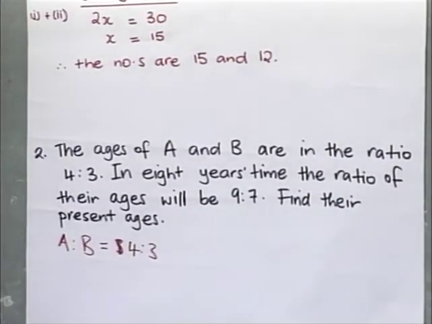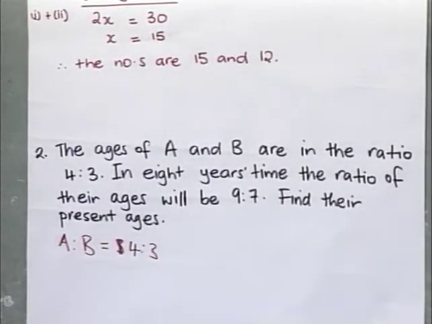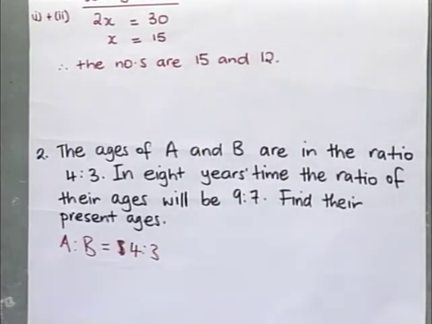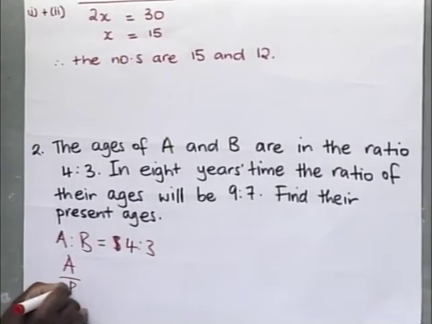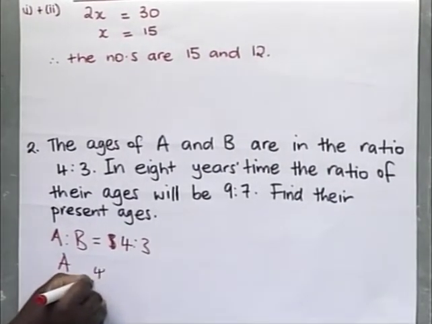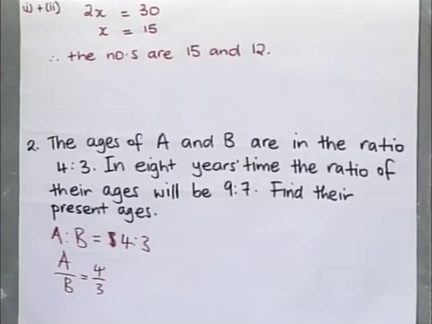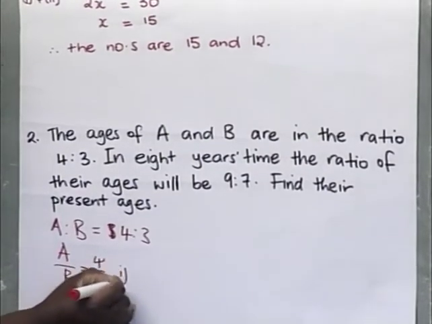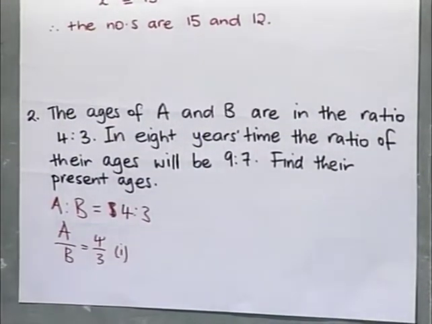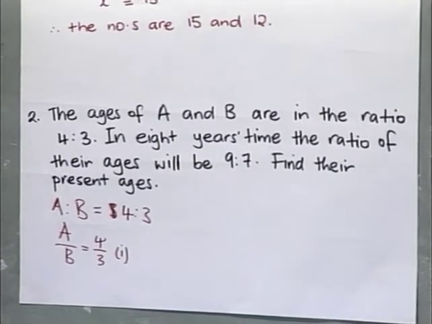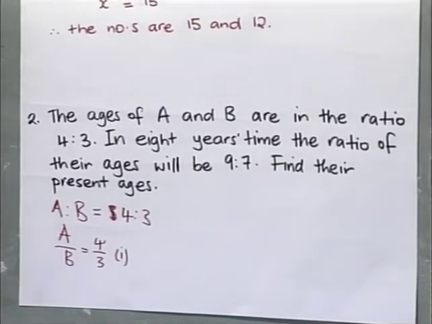4:3. Now we can also write ratios as fractions. So we can also say that A over B is equal to 4/3. Okay, that's equation number 1. Now, we are then told that in 8 years' time, the ratio of their ages will be 9:7.